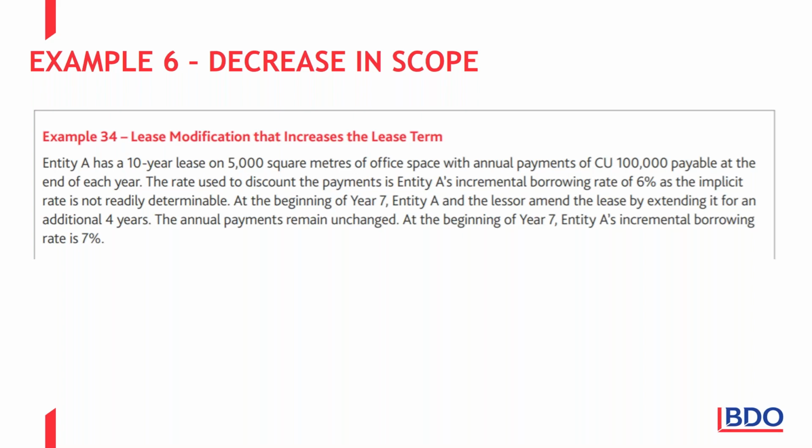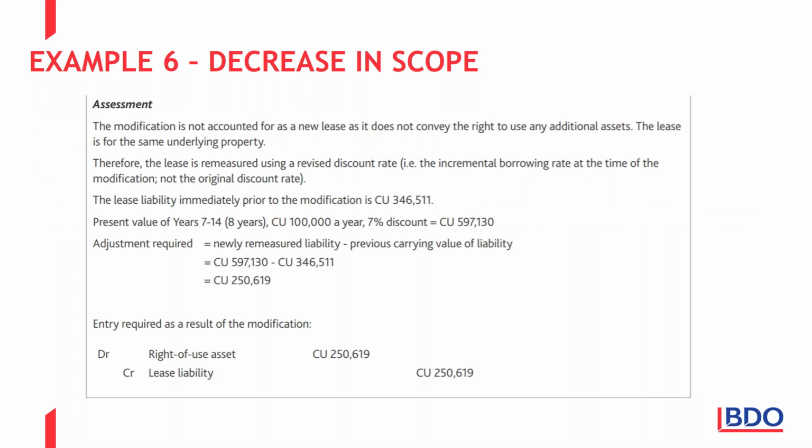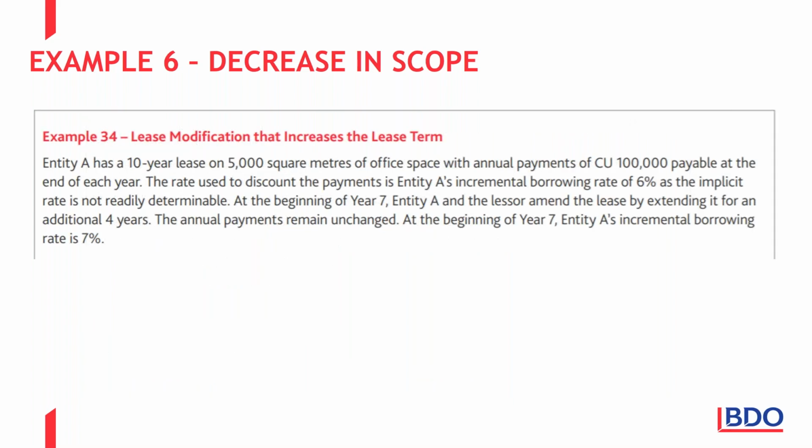The annual payments remain unchanged, and at the beginning of year 7, the incremental borrowing rate is 7%. So in this example, somehow I've still used an increase in the lease term, and therefore it's a modification. There's an increase in the lease term, but the annual payments remain unchanged.